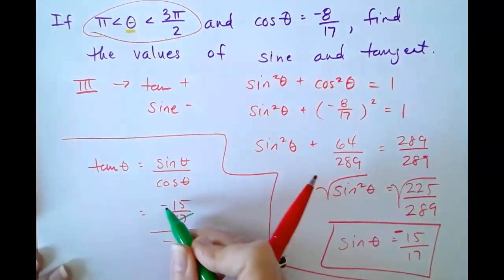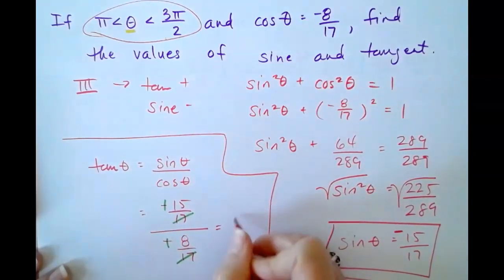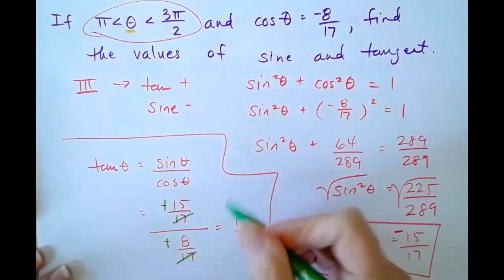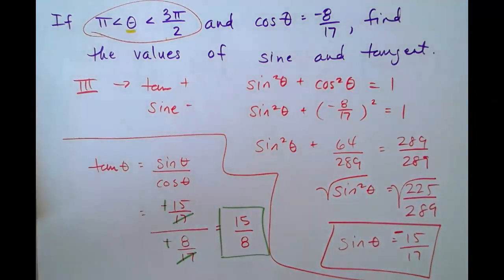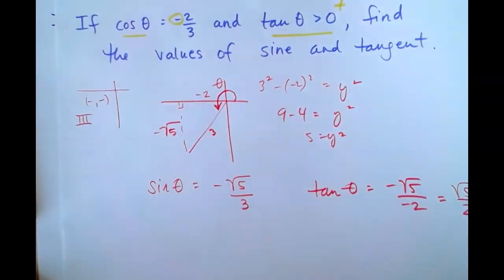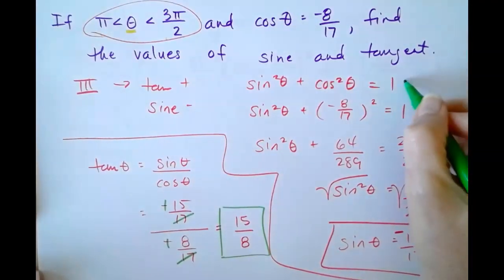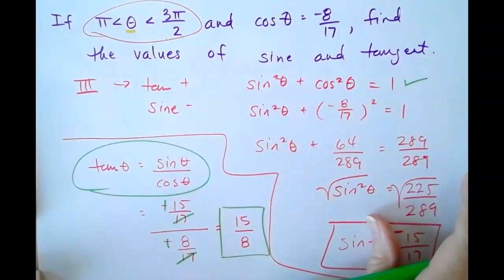And obviously, negative over negative will cancel. And we get a tangent value of 15 over 8. So there is our tangent. So 2 ways to do that problem. You could have drawn a triangle in quadrant 3, or you can use identities. This is the Pythagorean identity, and this is the quotient identity.